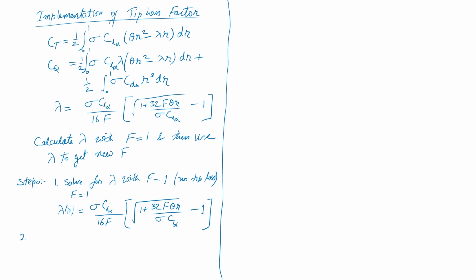Step number 2 is now to calculate F using the above lambda. So, how do I calculate? First I will calculate small f of r, which is given by Nb by 2 into 1 minus r by r sin phi, or I can simplify it and write it like 1 minus r by lambda of r, because lambda is small only.